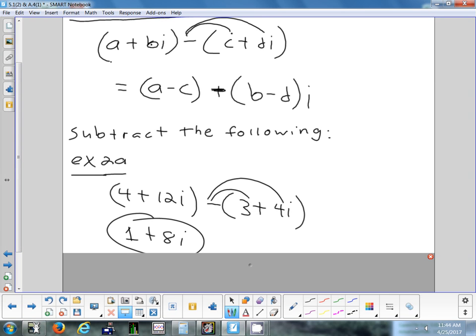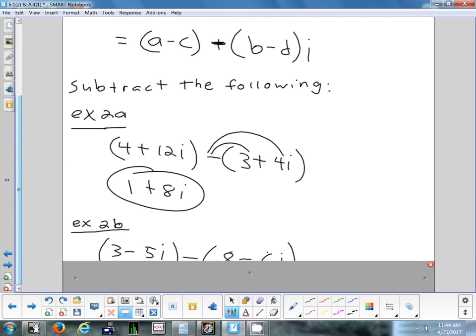It's 12 minus 4. Oh, the subtraction is from the 3 and the 4. Yeah, you're subtracting the 3 and you're subtracting the 4. So think of it as like a distributive. If this was a plus, then it would be 7 and 16. They would both change. All right, let's put that back the way it was.